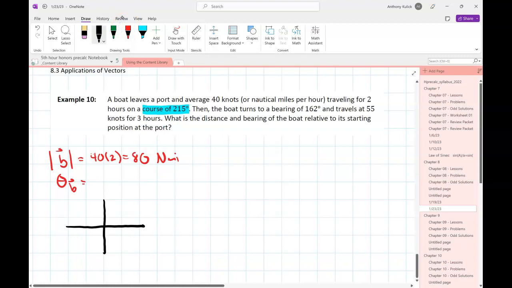The bearing starts from due north and goes clockwise, right? So my bearing was 90, 180, and then 35 more.